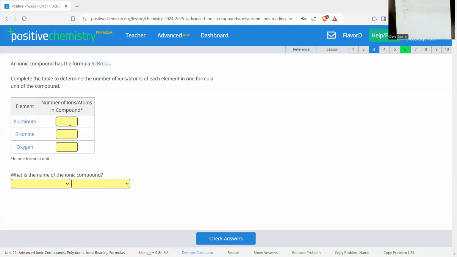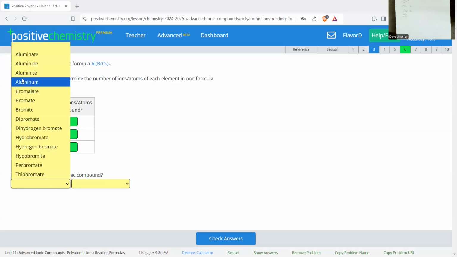How many aluminums are there? Just the 1. How many bromines are there? 1 in each set, but we have 3 sets of it. So that's a total of 3. Every set has 4 oxygens, but I have 3 sets. 3 sets of 4 is 12. Do I need to tell people the charge of aluminum, it's always +3? Hit pause, go look at your periodic table.